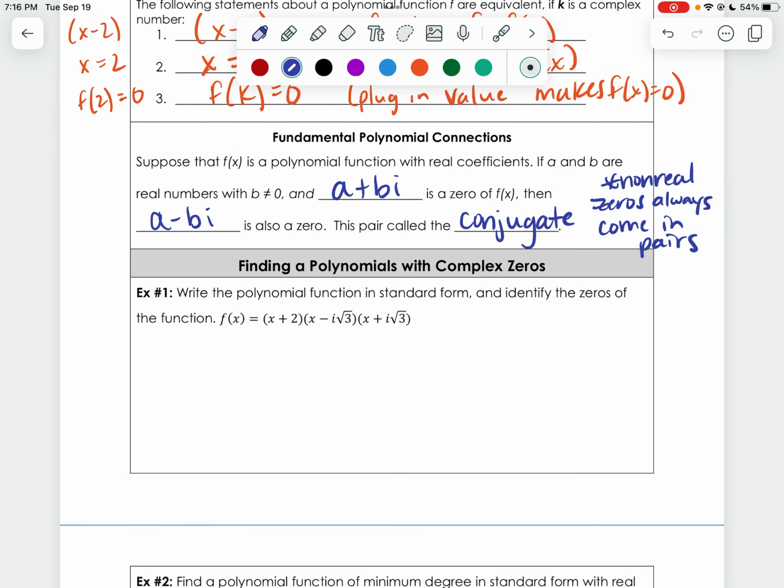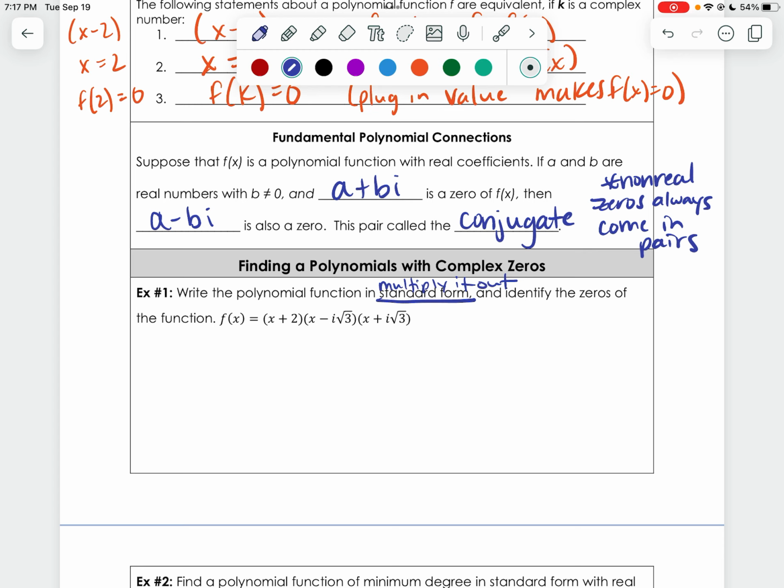Okay, so we're going to do finding polynomials with complex zeros. Everything we've done so far, we've just been looking at the real zeros. Now we're going to do complex. We want to write the polynomial function in standard form, which means multiply it out, and then identify the zeros of the function.